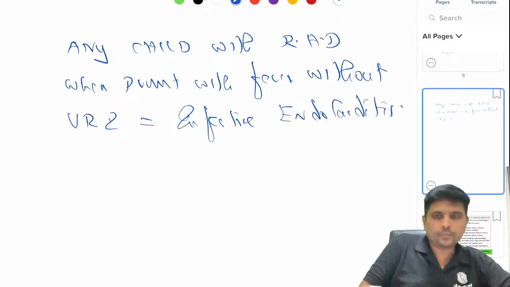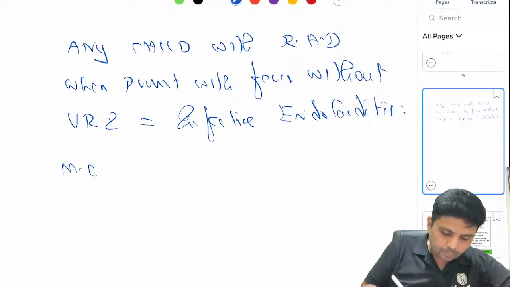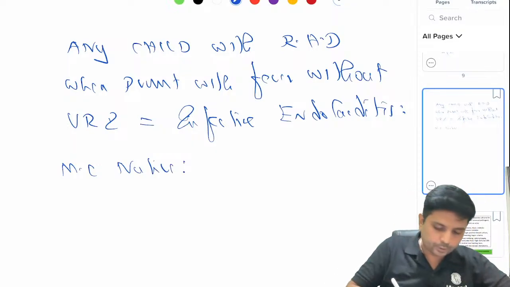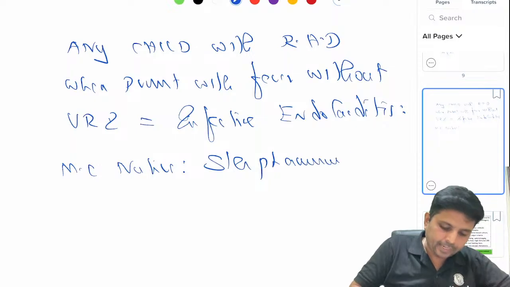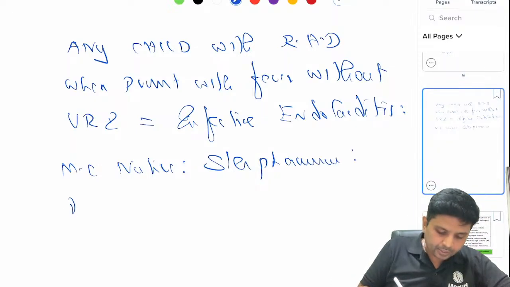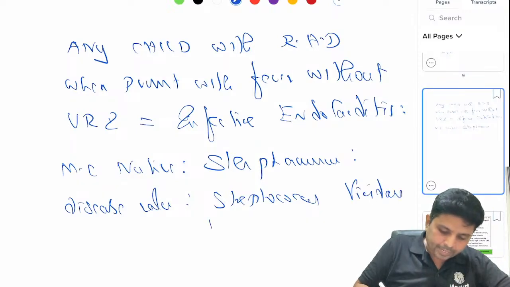Endocarditis. Very, very important. The most common organism involving a native valve is Staph aureus. When you have a diseased valve, it is usually Streptococcus viridans, mitis, mutans, sanguis.